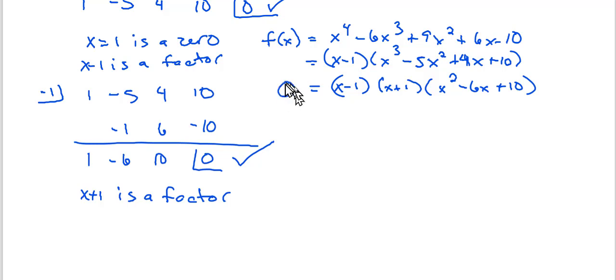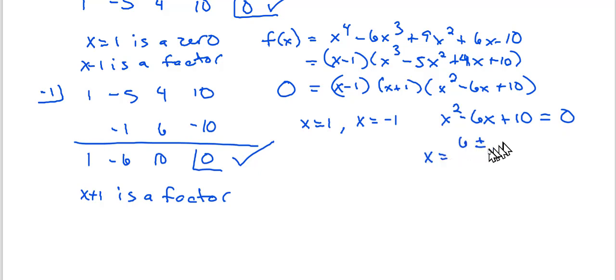Remember, my ultimate goal is to solve this equal to 0, right? So that's going to give me x equals 1 from this first factor, x equals -1, but I also need to know where x squared minus 6x plus 10 is equal to 0. And I'm just going to use the quadratic formula on that since it doesn't factor.